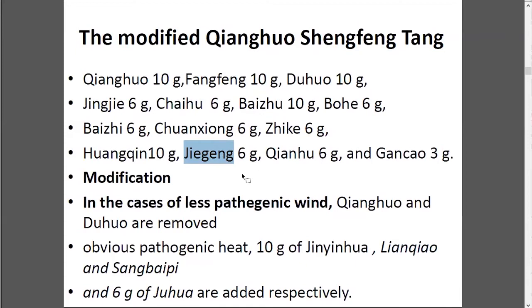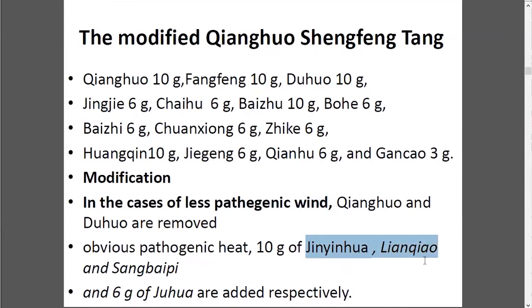So if the patient has less wind, we're talking about the wind heat pattern here, in some cases there is more heat and less wind. If there is little wind, we can remove 天活毒活, since they are mainly used for wind situations. For severe heat, we can add 金银花 and 连翘.